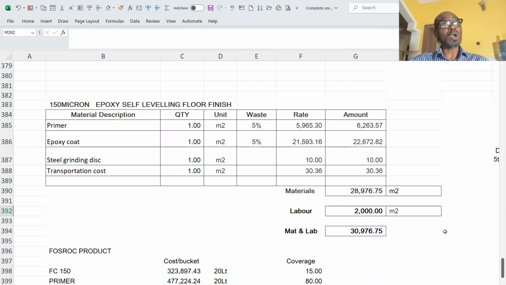Then you have to look at how smooth the floor is, because if the floor is not properly done, it will consume more material. So you check the undulation on the floor, because it is self-leveling. It is expected that every place where you have a depression on the floor, the epoxy self-leveling fills in those spots and brings it to a perfect level.